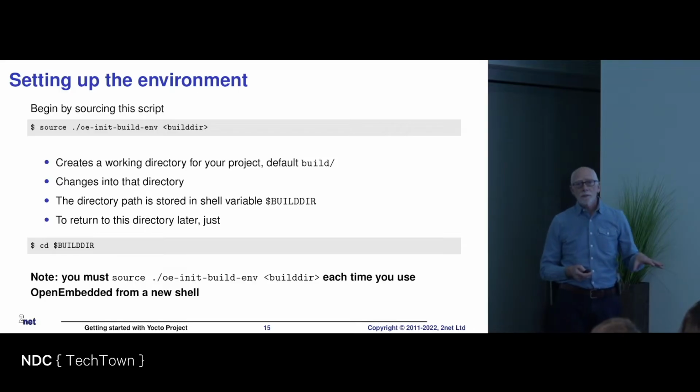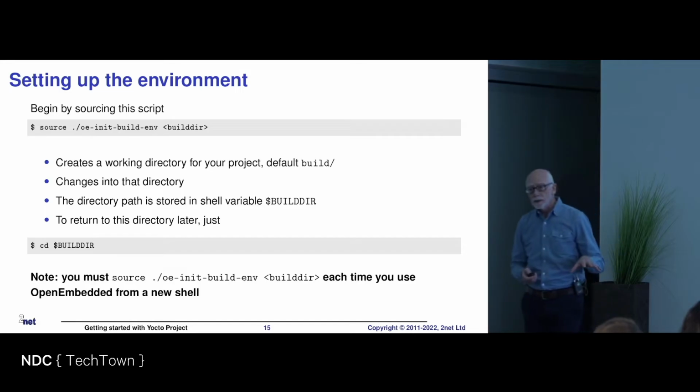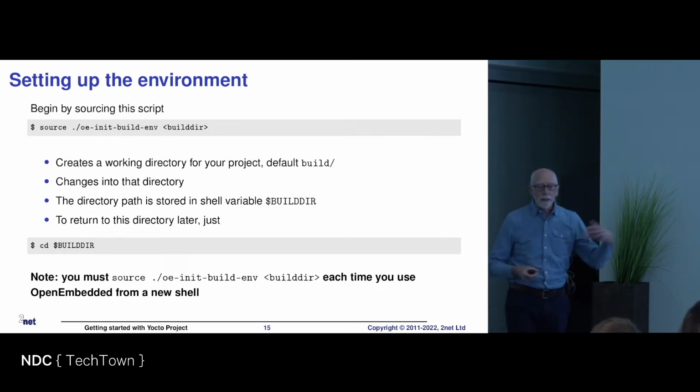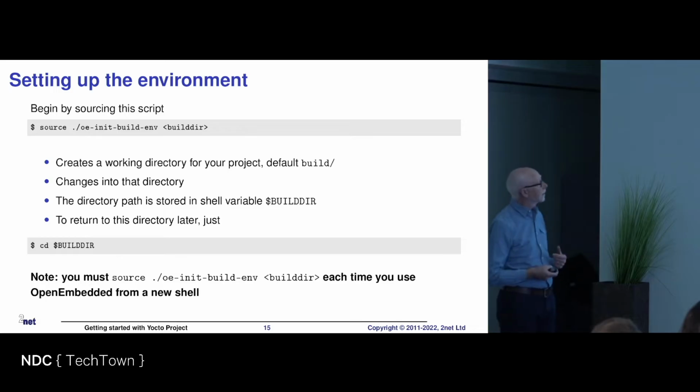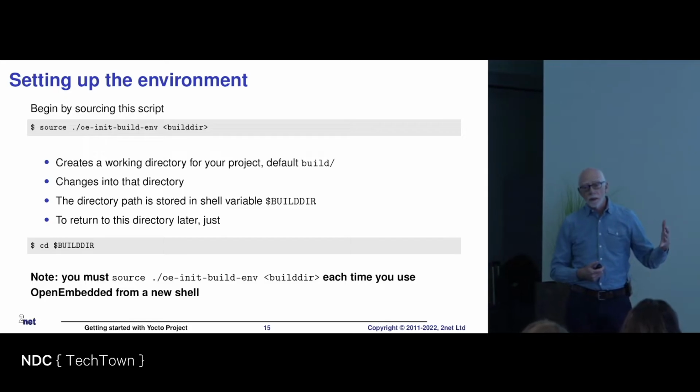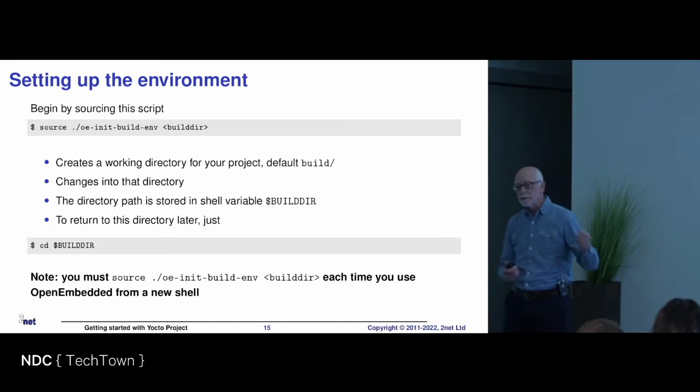You have to do a little bit of mucking around to get the environment set up. You have to initialize your shell by sourcing this script in order to set up various variables and other things needed by the Yocto build system. So you begin by doing source oe-init-build-env, and optionally where it says build dir, you can give the name of a directory where you want to create your project. If you don't do anything, it defaults to build.